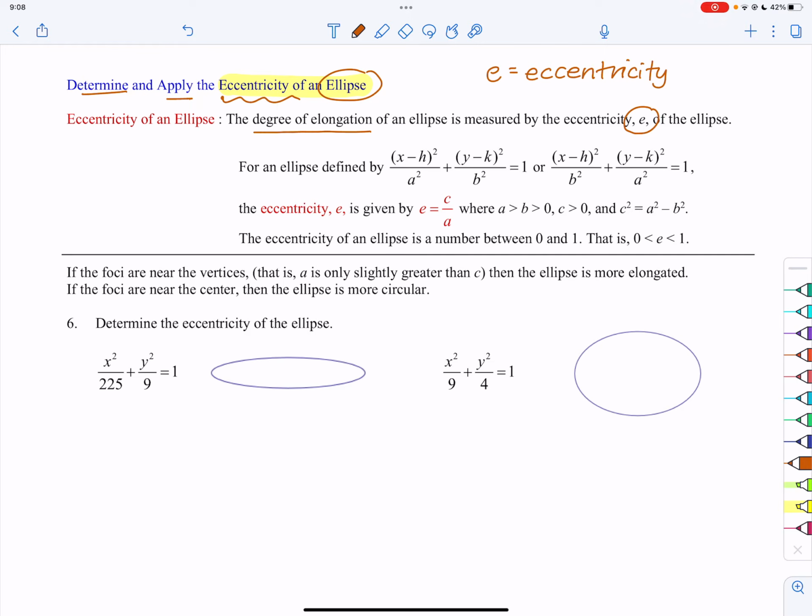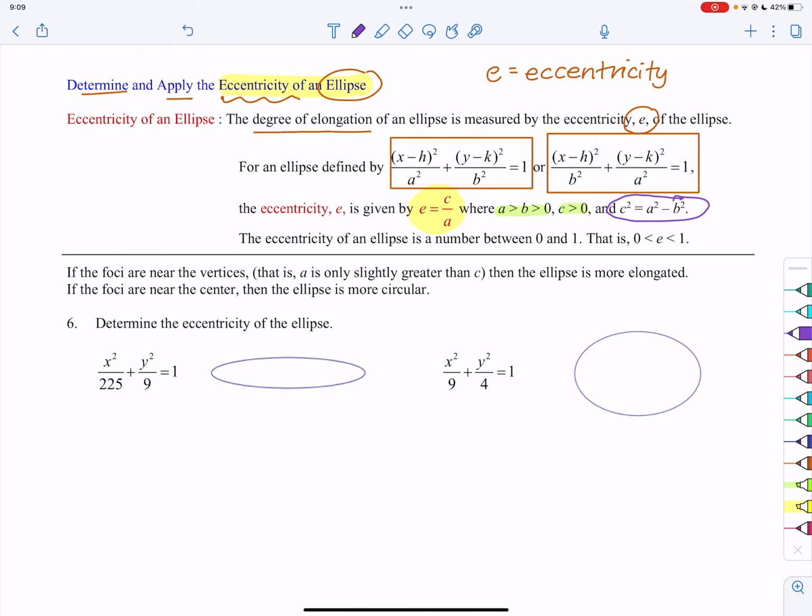So for an ellipse that looks like this, with the larger number a squared under the x squared term, or a squared under the y squared term, for either one of these, E is equal to C divided by A. And of course, the same things apply: A is bigger than B is bigger than C. C is always a positive number, and there's our C squared equals A squared minus B squared.